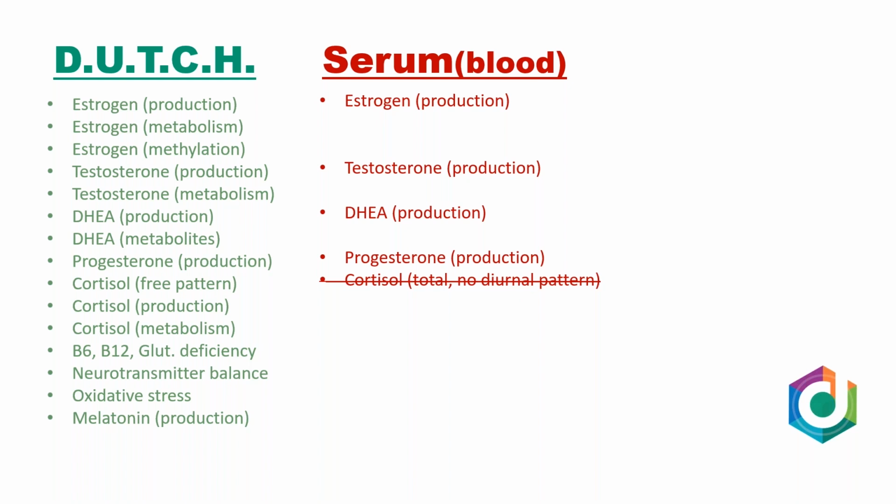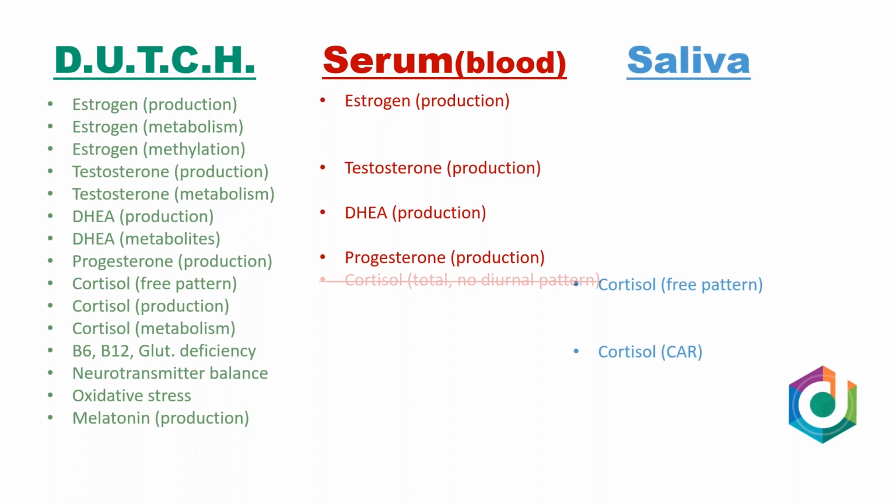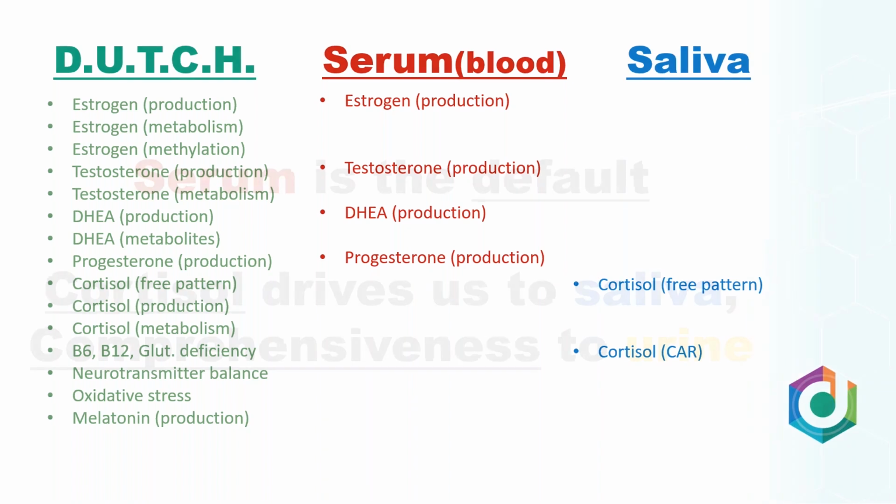A serum test is going to do a good job of giving you information on a few of these hormones, but again, it's not as comprehensive. So when functional medicine providers have approached hormones, they tend to start with serum for estrogen, testosterone, DHEA, and progesterone, and then add a saliva test to look at that up and down pattern and also the cortisol awakening response.